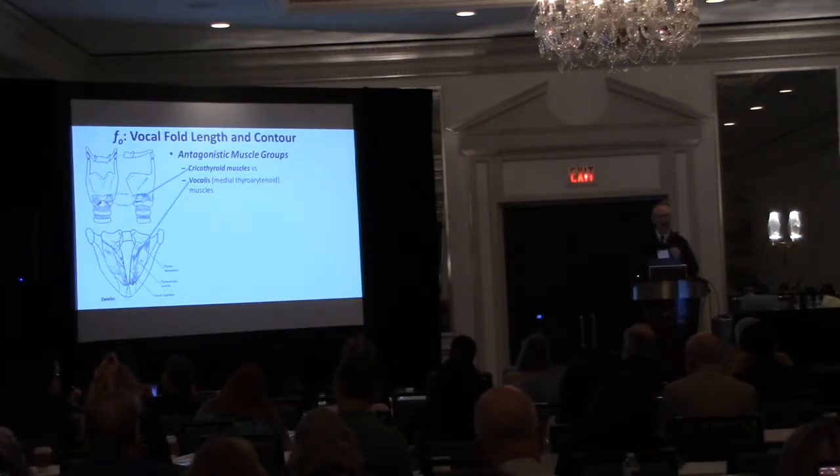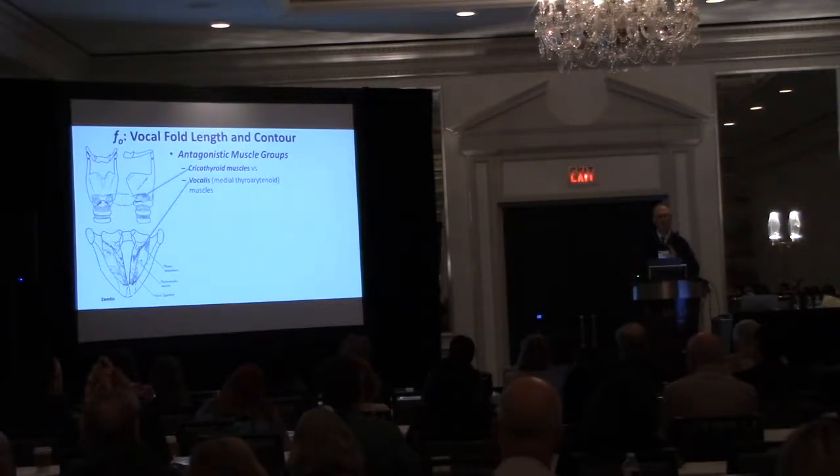And so these are antagonistic muscles. In speech, in the clinic, in training of singers, in knowing what the control factors are, you have to, I would suggest, strongly talk and think about antagonistic muscle groups.